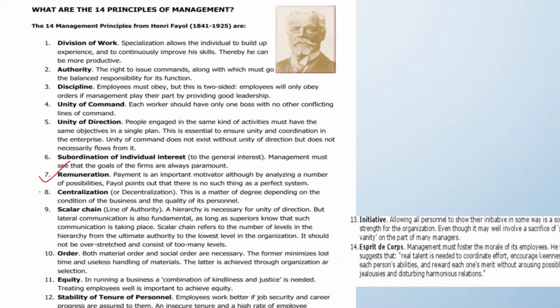Next is centralization or decentralization. This is a matter of degree, depending on the condition of the business and the quality of its personnel. When we say centralization, we are talking about unity of command.